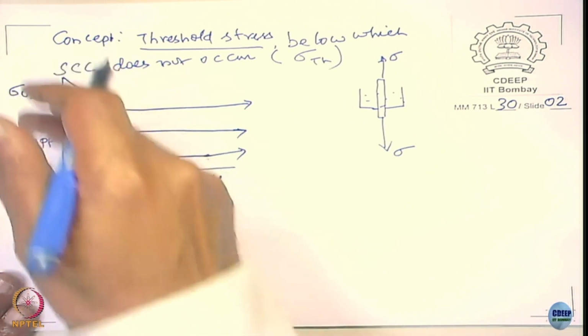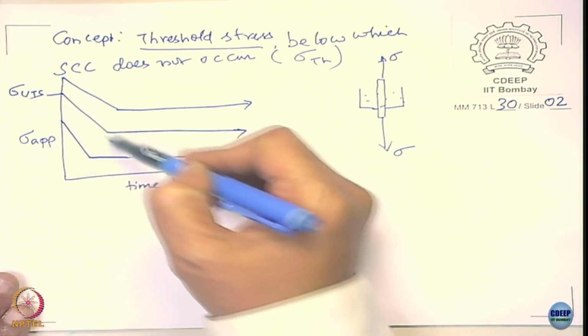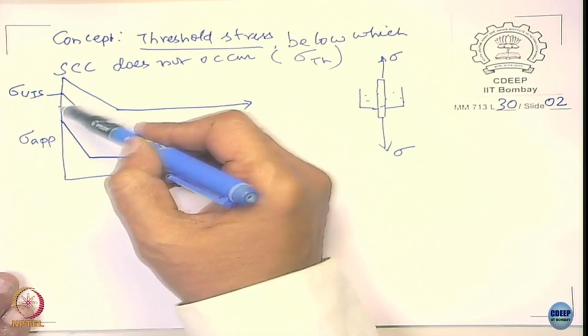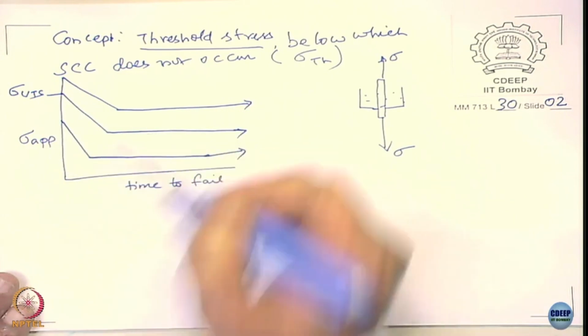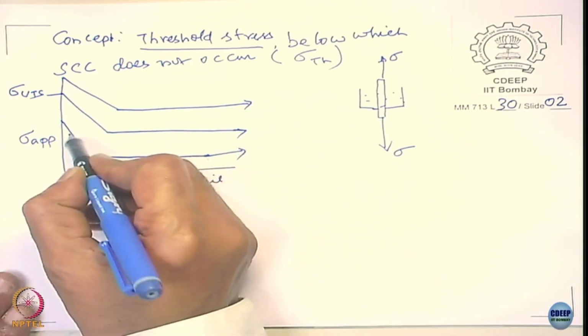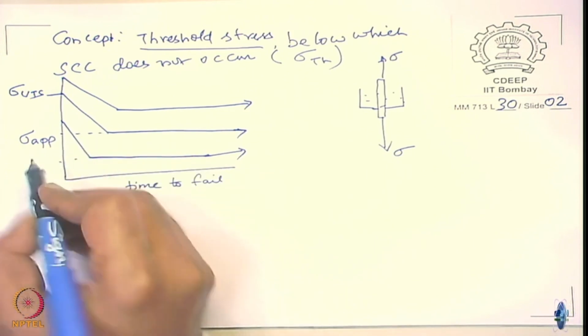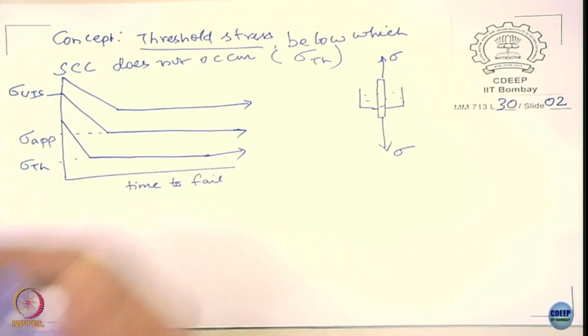But if you lower the stress level in an environment, the time to failure increases, right, isn't it? As you lower the stress, the time to failure increases, and there is a limit, and this is called threshold stress, below which metal is not failing.